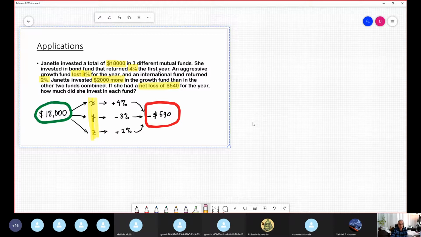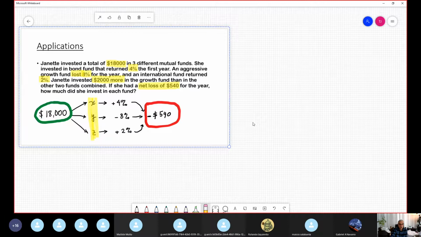So I try to make a schematic. We have in total 18,000. I split it in 3 pieces, not necessarily the same. Of course, not the same. In the first, upper branch, the interest rate return is 4% positive, so you earn money, you win money in the first year.